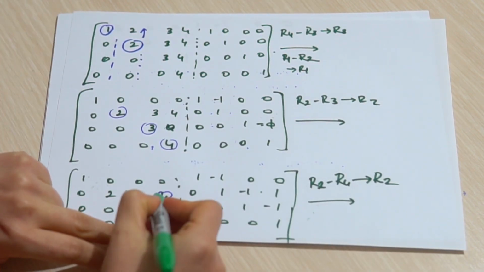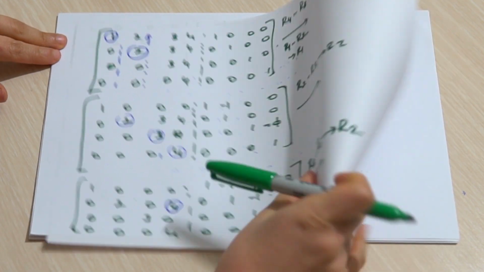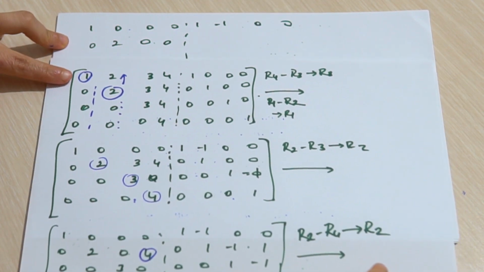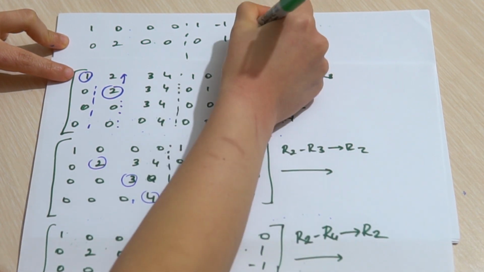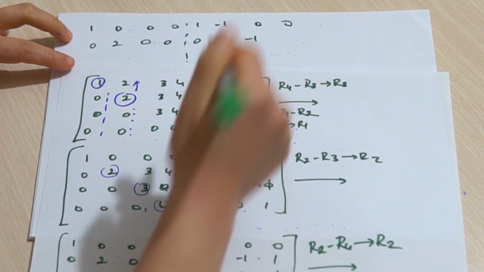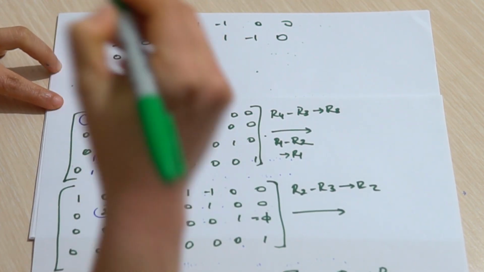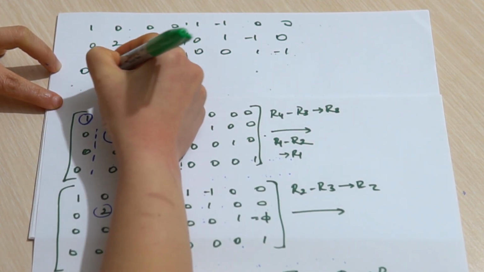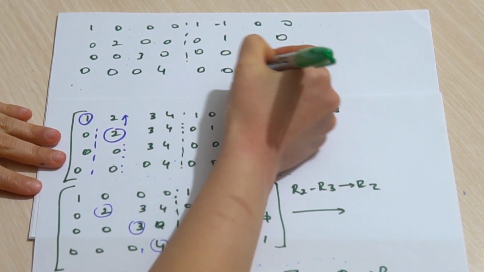I add minus row 4 to row 2, so this will cancel. So I will have 0, 0, 0, 1, minus 1, 1, minus 1, minus 1, 0. Then I will have 0, 0, 3, 0, 0, 0, 1, minus 1, 0, 0, 0, 4, 0, 0, 0, 1.